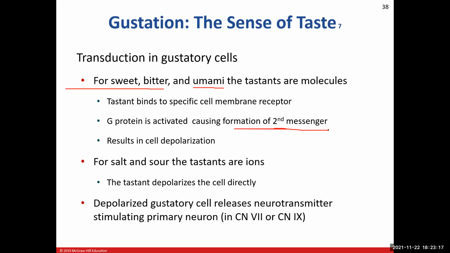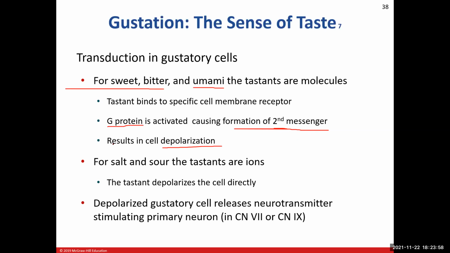We saw before in olfaction, our G protein would activate adenylate cyclase. Adenylate cyclase, which is the enzyme, would convert ATP into what we called cyclic AMP, and then that cyclic AMP would run around and open up these cation gates. And then that would allow sodium to enter into the cell, calcium to enter into the cell. But what it does is it results in depolarization. And that's what we're looking at here. So we're going to be using our secondary messenger system, utilizing the G protein, and that is then going to cause depolarization.